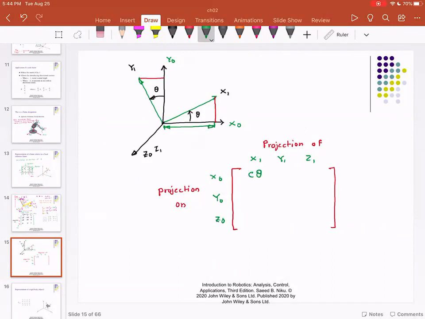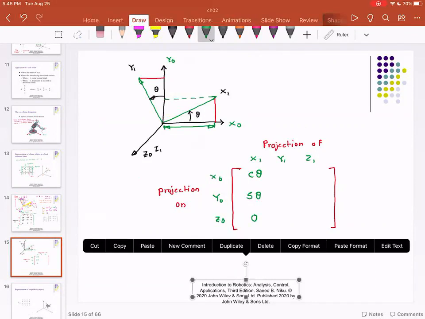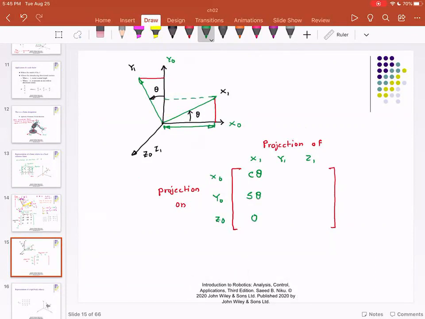Projection of x1 onto y0 is nothing but this guy, which is sine theta. Then you have 0. Projection of y1 onto y0 is cosine theta.